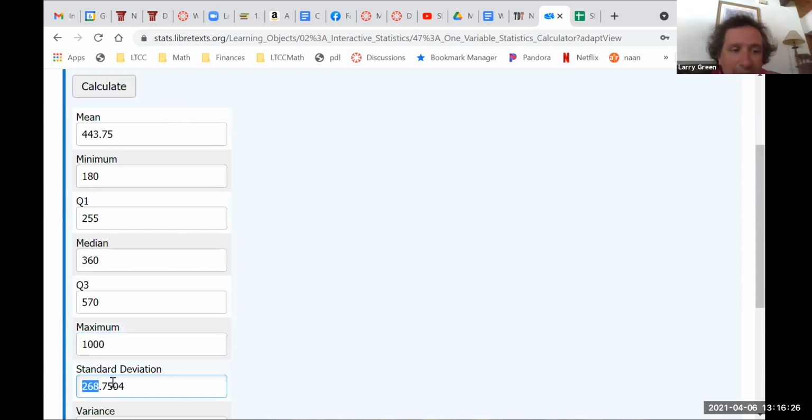So it's kind of an average distance from the mean. So the standard deviation here is about 267. So that means kind of on average, people are spending within 269 minutes above or below the mean of 444 minutes. And that's a standard deviation.